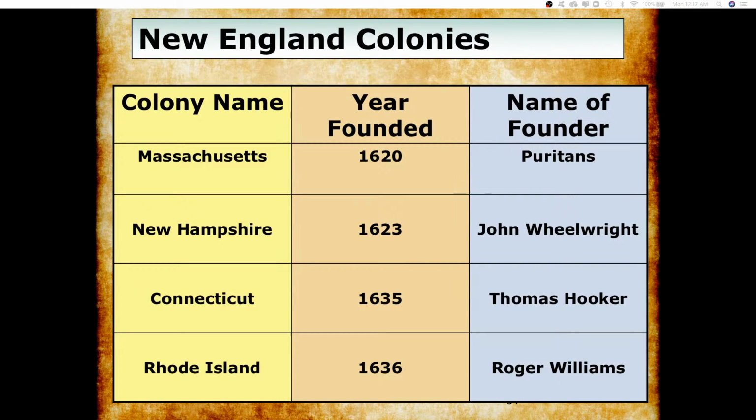Because of this disunity amongst the southern colonies, and not really a sense of community, since they're all living separately, there's also not going to be a big push for religion, and there's also not going to be a very big push for education as well.